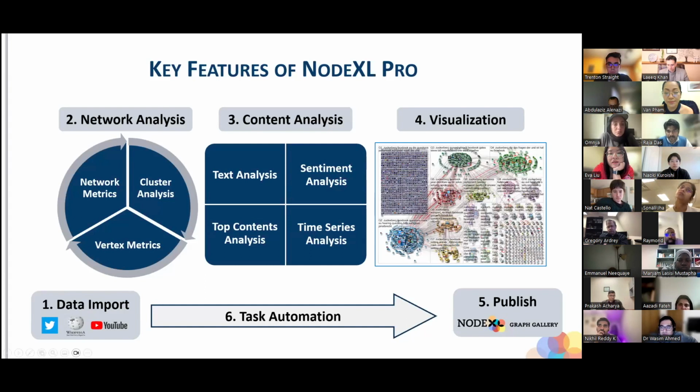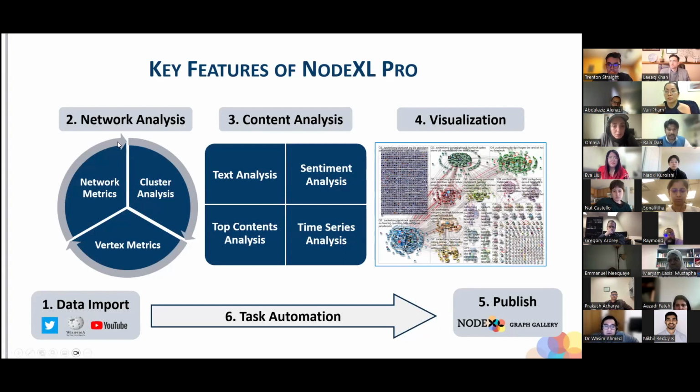So this is a summary visual of all the different things you can do in NodeXL. There are some benefits of this software over something like Gephi, which is open source, in that all of this is automated analysis, so the human input is very little. We download a set of files, put those into NodeXL in Microsoft Excel, and it will go away and do some network analysis for us. So network metrics, cluster analysis, vertex metrics.